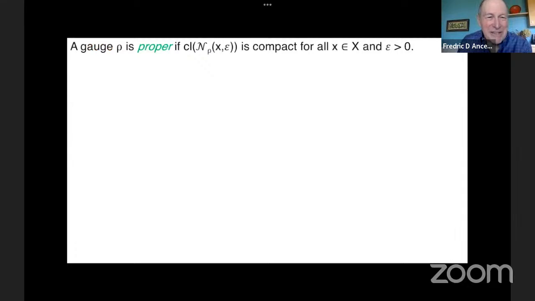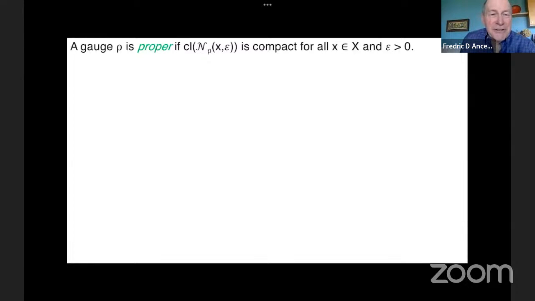Okay, so I want to now talk about the world of proper gauges. One of the motivations for exploring this topic comes from geometric group theory, where you're given a space and a group acting on the space, and you want to know when you can make that a group of isometries. And so these kinds of theorems play a role there.